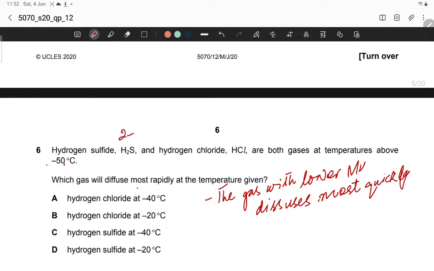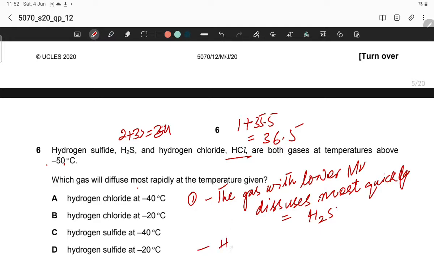H2S is 2 plus 32 is equal to 34, and HCl is 1 plus 35.5 is equal to 36.5. So H2S diffuses most quickly, and the second factor is the temperature.